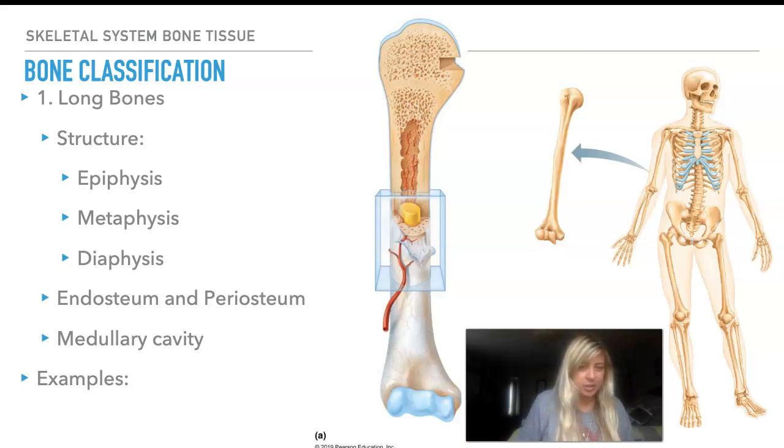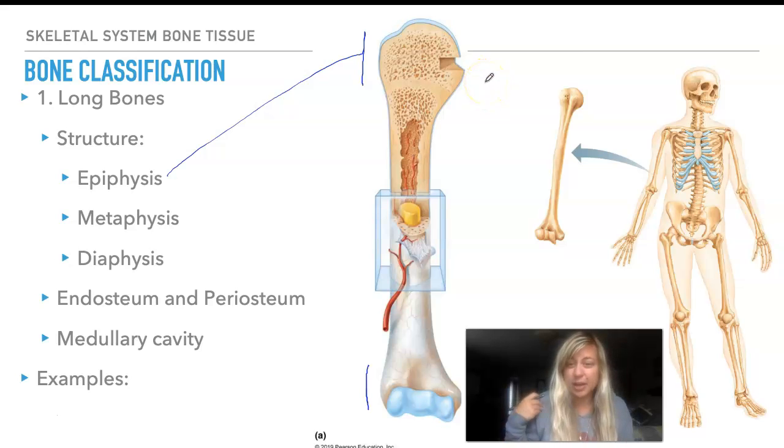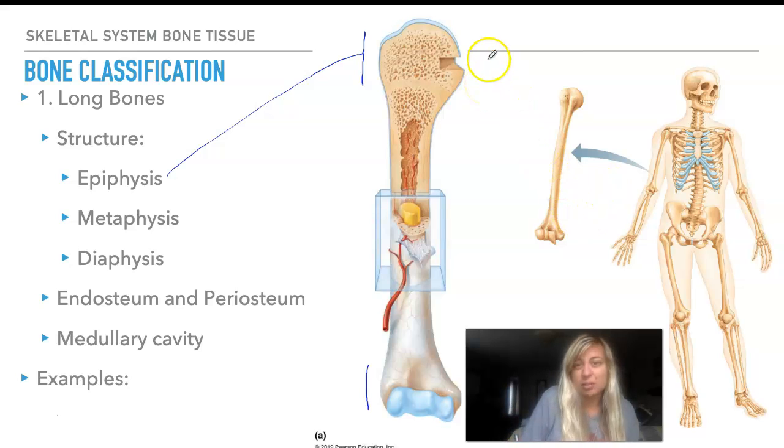Their structure consists of some basic parts. Long bones have epiphyses, which are basically the ends of the bones. So there are two epiphyses. The one that is closer to the point of attachment is called the proximal epiphysis.